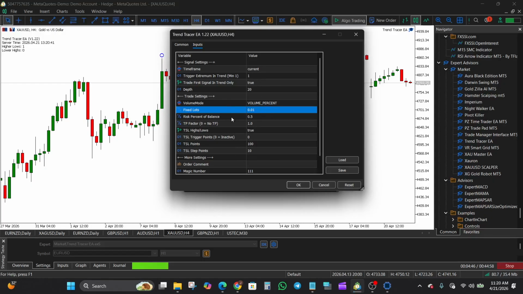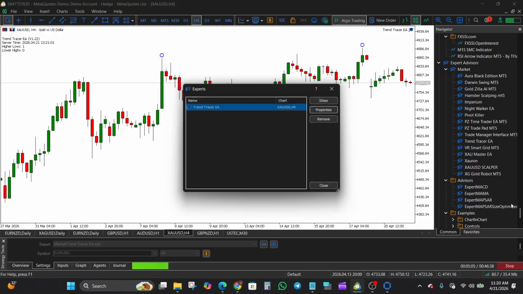Go through the inputs carefully and modify the values carefully depending on how you want the EA to function. So you don't just drag and drop the EA to your chart. Ideally, you should go through the settings and you should modify the settings to suit your own trading style.